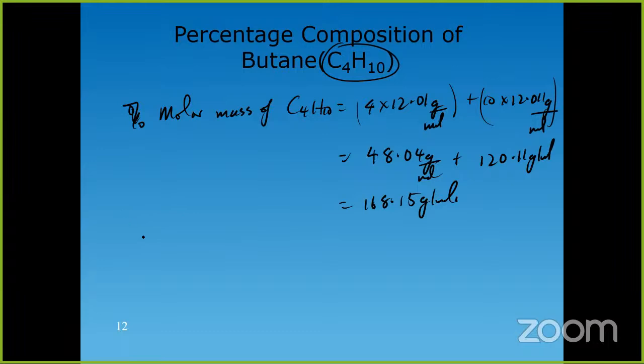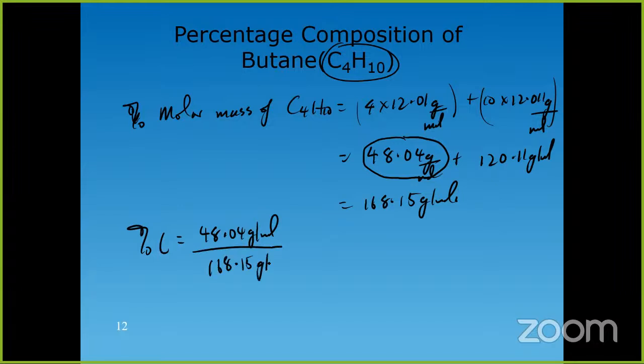So the next step is to find the percentage of carbon, and therefore we know that the total mass of the carbon per mole is this. So we take 48.04 grams per mole divided by 168.15 grams per mole times 100%.